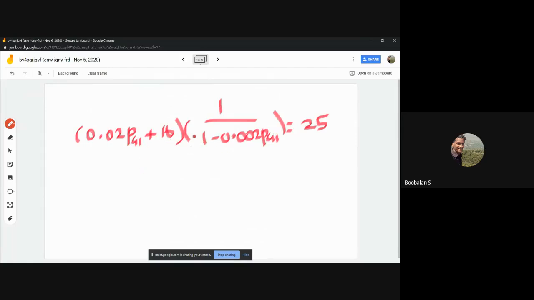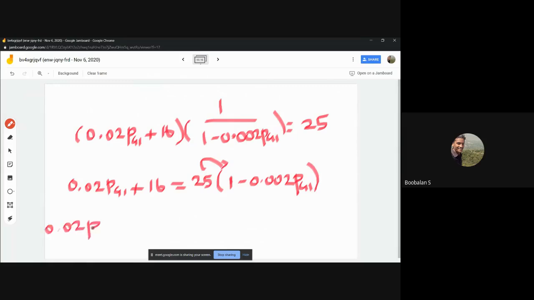This whole multiplication I'm going to bring to my right-hand side. So 0.02 PG1 plus 16 is equal to 25 into 1 minus 0.002 PG1. Just multiply 25 into this bracket.